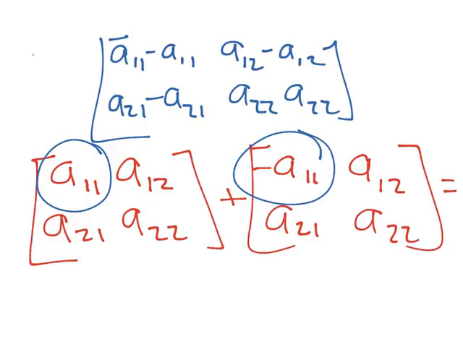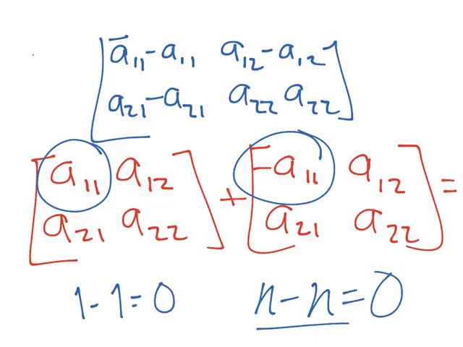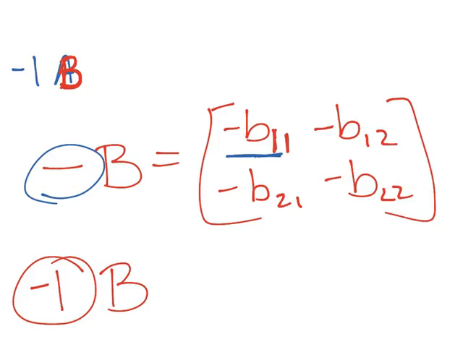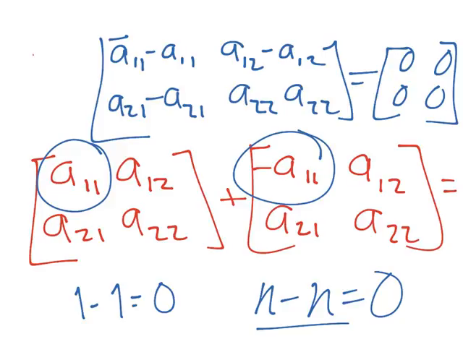And of course, you know that 1 minus 1 is equal to 0, and actually any number n minus n is equal to 0. Anything, if you subtract itself from itself, you will get a 0. So in this case, we just get a matrix of zeros, which is the same thing as multiplying 0 times A. I'm sorry, the other way around, just to keep it consistent: 0 times A.